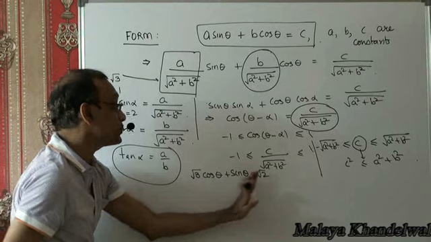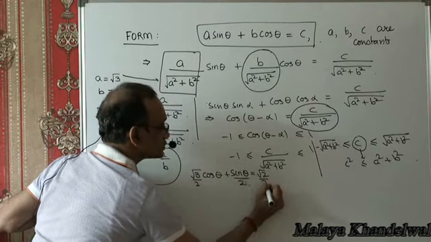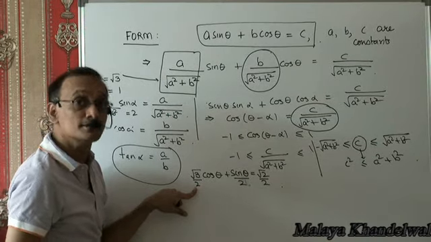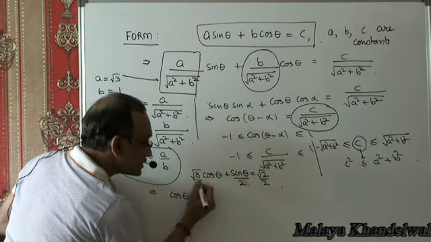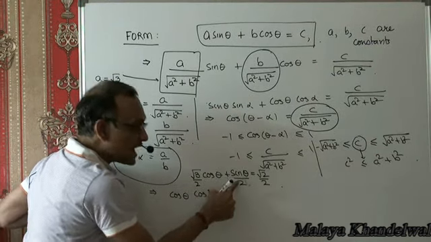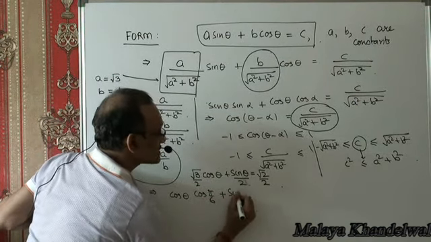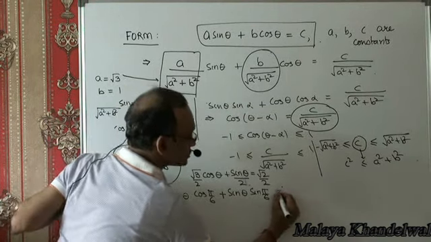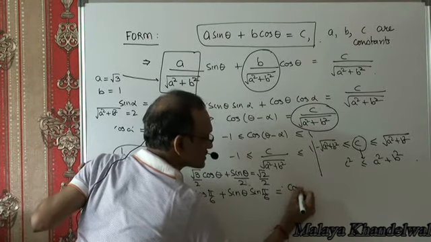That means I divide both sides by 2. Now root 3 by 2 is cos 30 degrees, cos pi by 6, so I can write cos theta into cos pi by 6, and this half is sine pi by 6, so plus sine theta into sine pi by 6 equals root 2 by 2, which is 1 by root 2, which is cos 45 degrees, cos pi by 4.